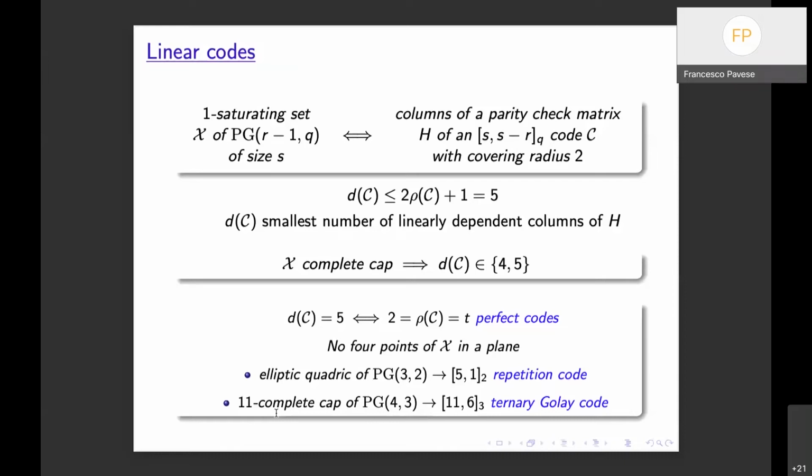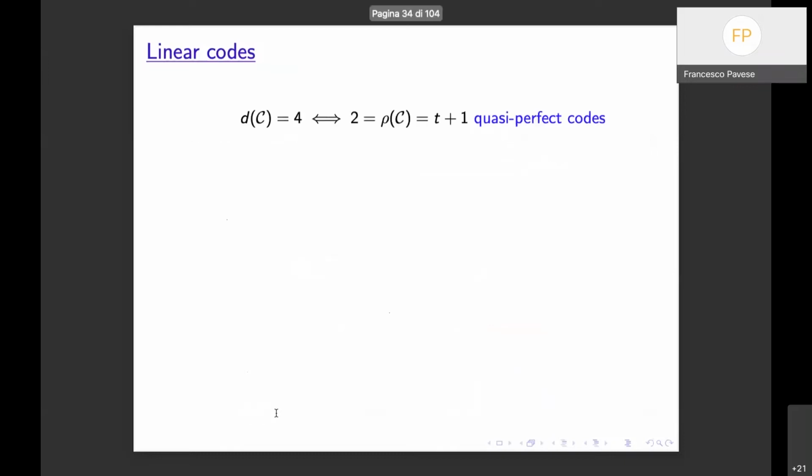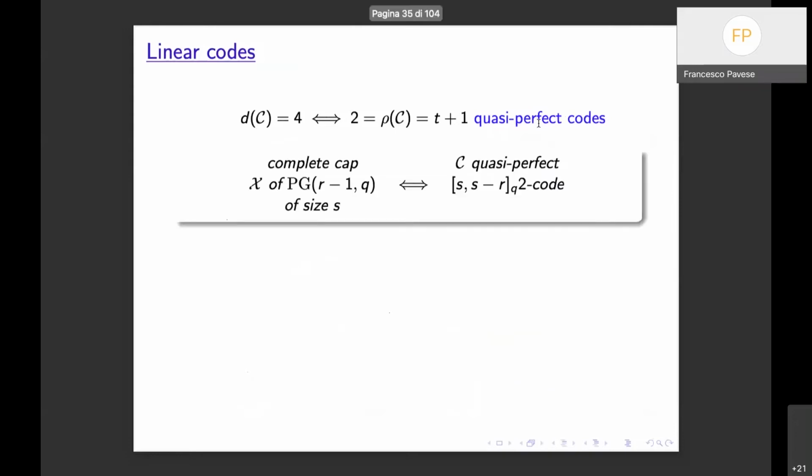In the latter case, this cap arises by considering the action of a Mathieu group. So, besides these two sporadic examples, every linear code constructed from a complete cap gives rise to a quasi-perfect code. This means that there is a one-to-one correspondence between complete caps and quasi-perfect codes, except for the two codes we have seen before.